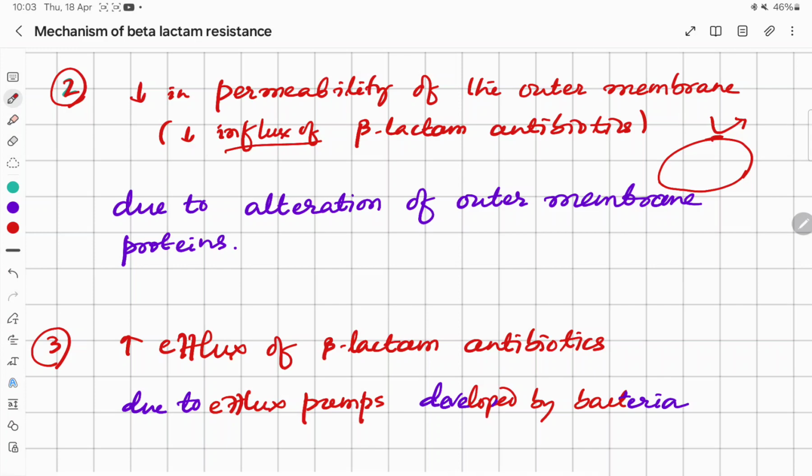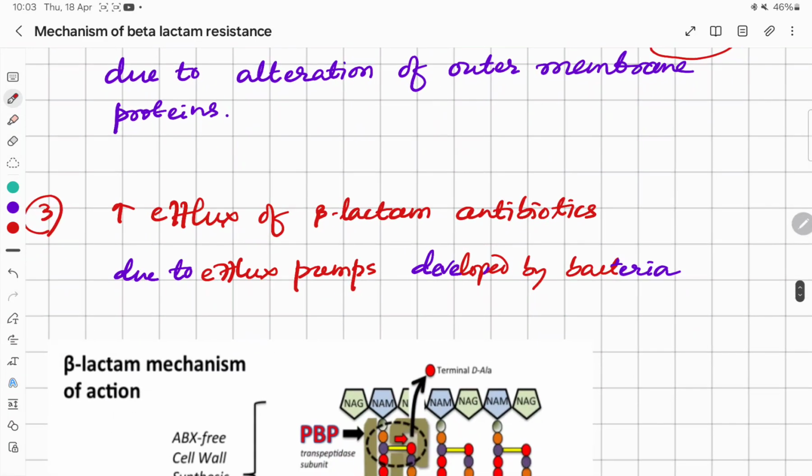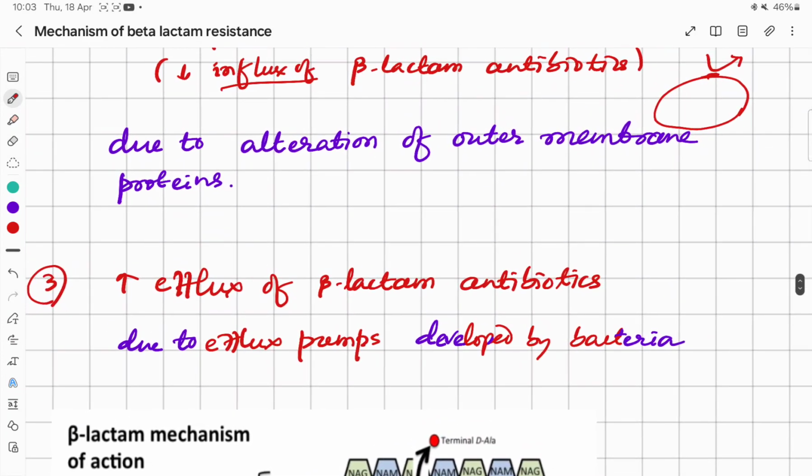Similarly, there can be an increase in efflux of beta lactam antibiotics because of efflux pumps, and those pumps cause the efflux of the beta lactam antibiotics to the outside. When it goes outside, that means there is loss of activity.